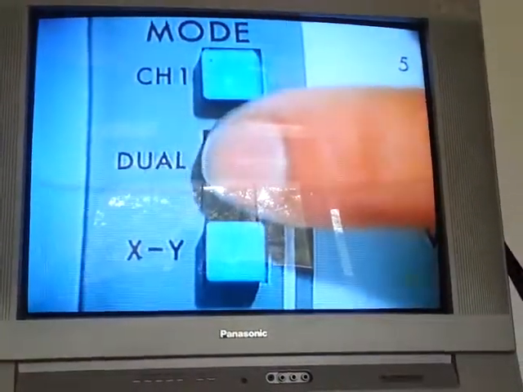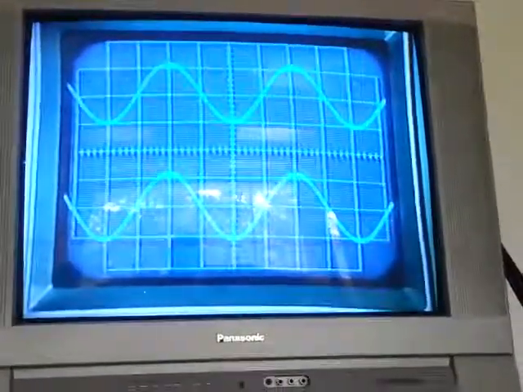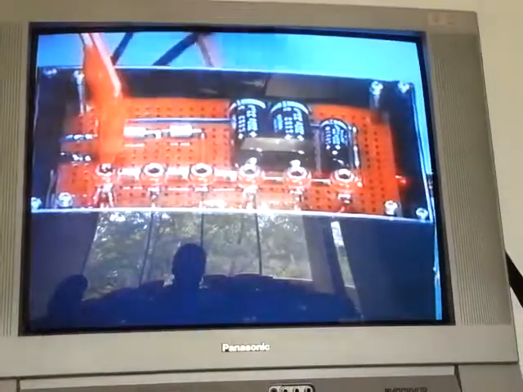Let's try it now. The wave pattern below is the initial pattern, the same as the alternating wave pattern above.